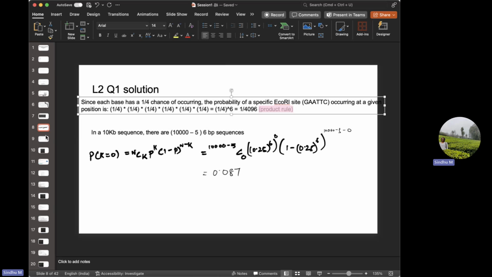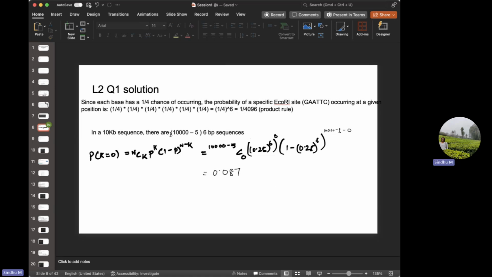But in the question they are asking the probability that this EcoR1 site does not occur in a 10 kb sequence, meaning 10,000 base pairs. In this we can calculate the total number of 6 base pair sequences.